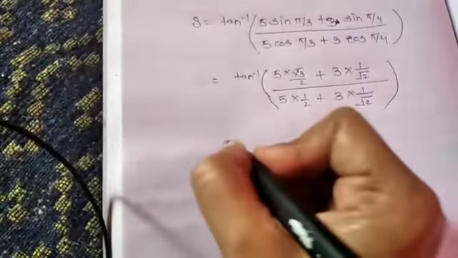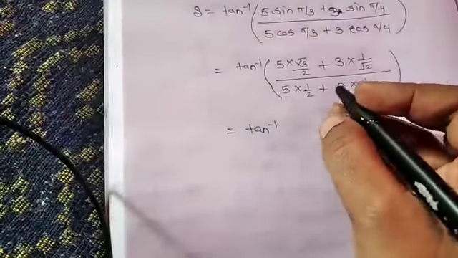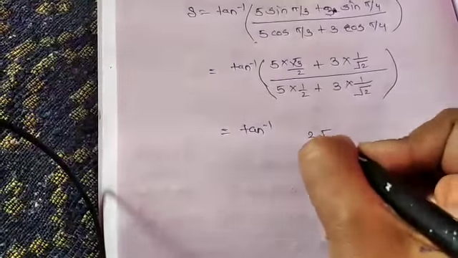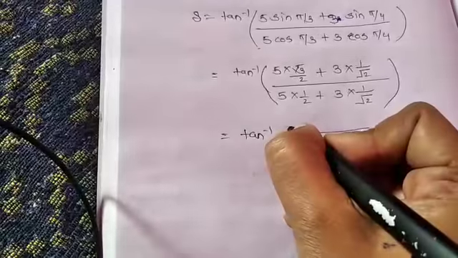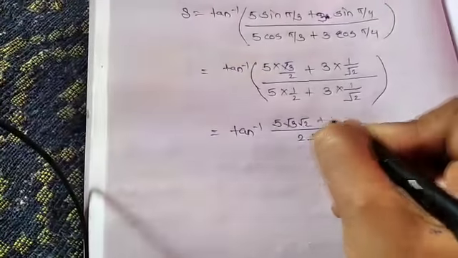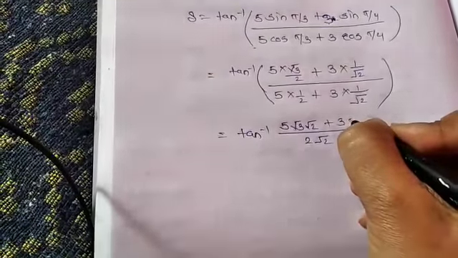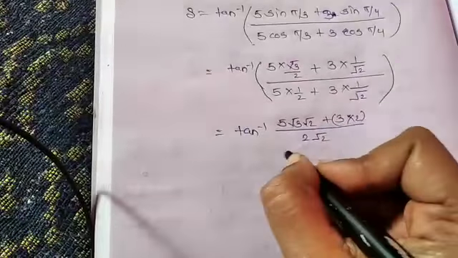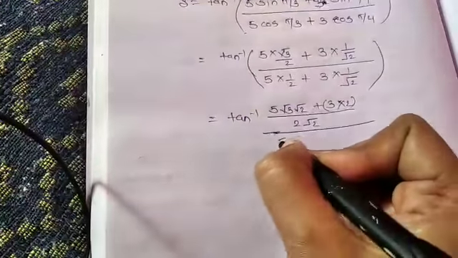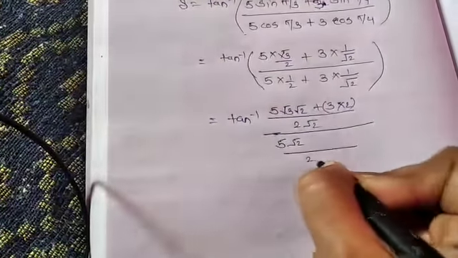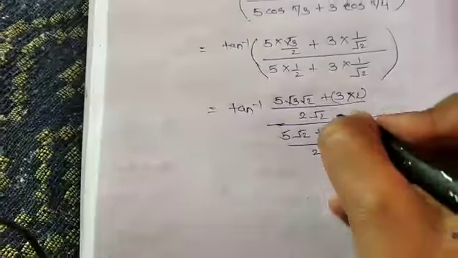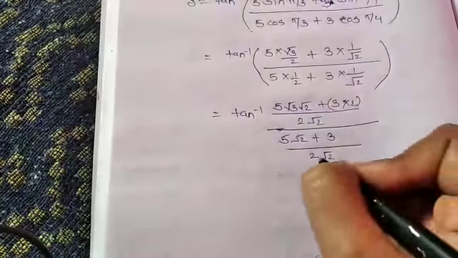Then simplifying further, taking 2 root 2 common, it is tan inverse of 5 root 3 into root 2 plus 3 into 2, divided by 5 root 2 plus 3 into 2.